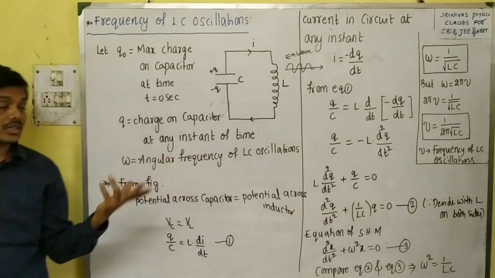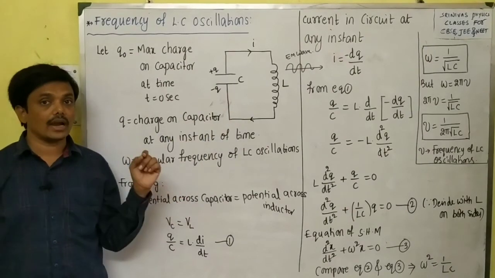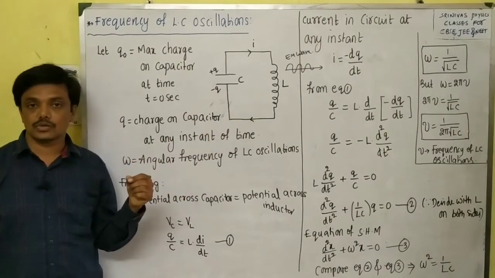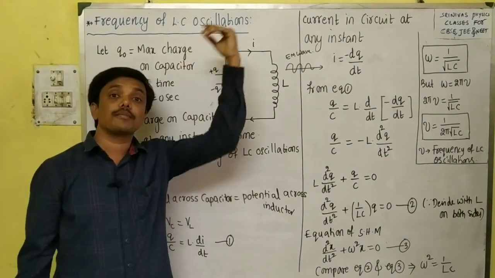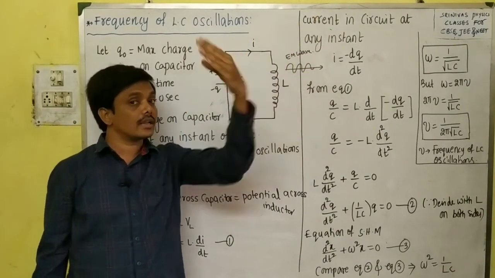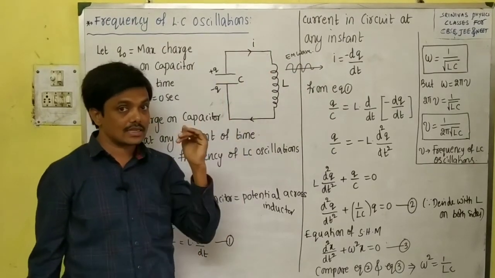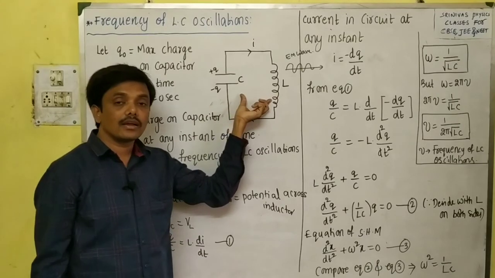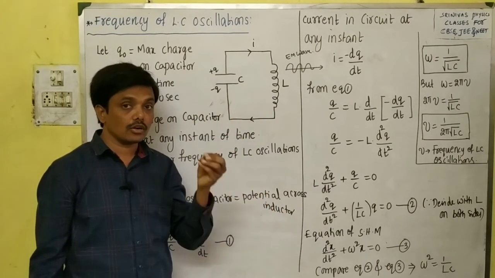Where will we use these LC oscillations? In our radio we have the LC oscillation circuit. It oscillates with a certain frequency, and a radio station sends the electromagnetic wave with a certain frequency. If that frequency matches, then it can vibrate and we will get a clear sound.